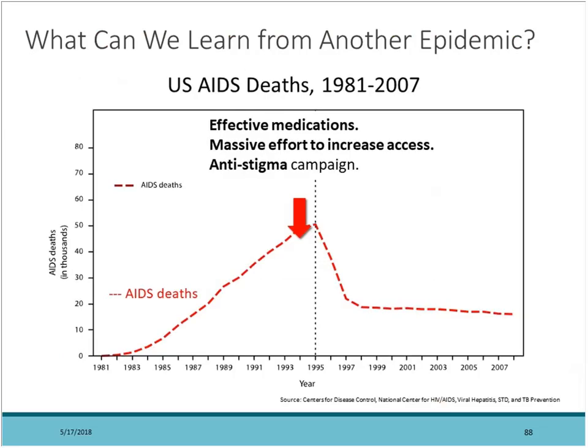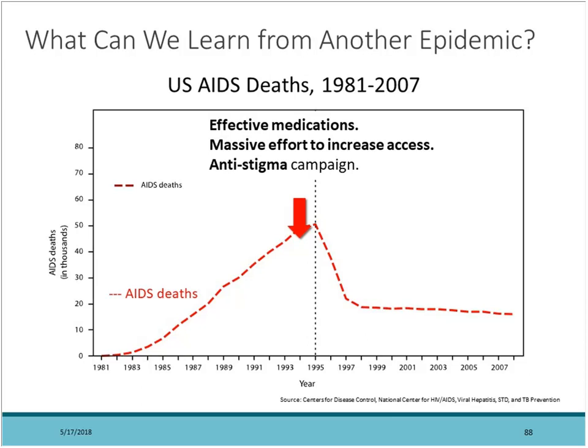Before we open it up for question and answers, I'm going to end with just this inspiration that we can look back to in our own nation in 1995. The AIDS epidemic was the defining health crisis of that time, just as the opioid epidemic is now.